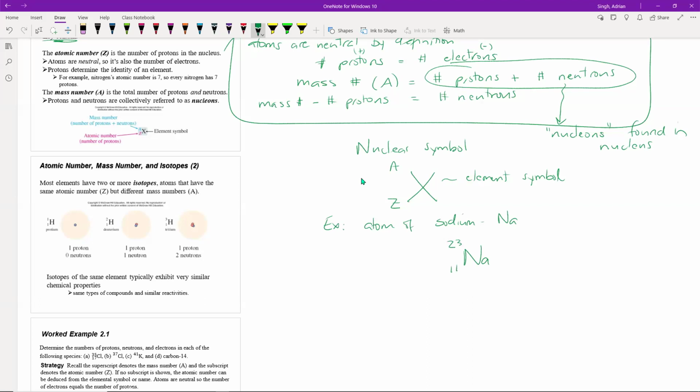So what does that actually tell you? Before we get to what it tells you, one thing to note about nuclear symbols that look like these: you will not see this notation on the periodic table, which you're going to get to a little bit later on.